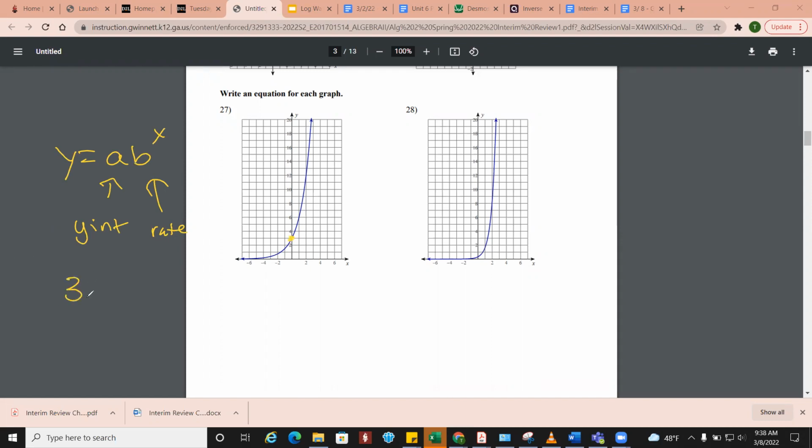Okay, so 3 is going to go out here. And then from 0, 3 to the next point, which is 1 comma 6, if we took 3 and multiplied it by a number to get 6, what number would that be? 2. So 2 is going to go in for b, and we're going to raise it to the x.